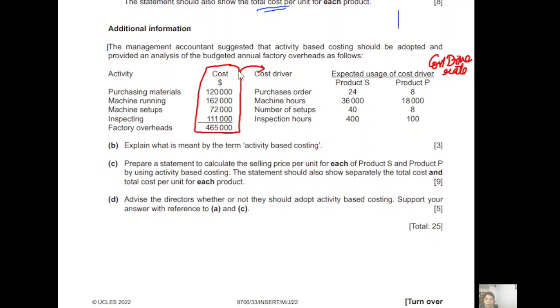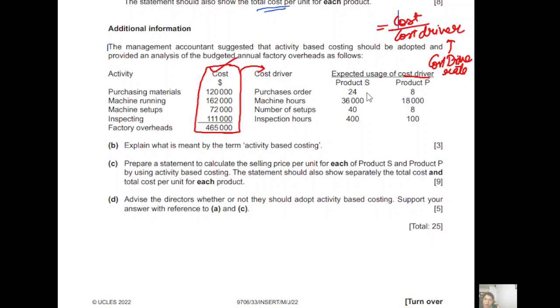The formula for cost driver rate is cost divided by cost driver. So cost is this much, and the cost driver is given to you separately for S 24 and for P 8.